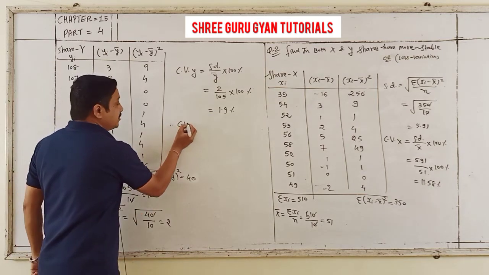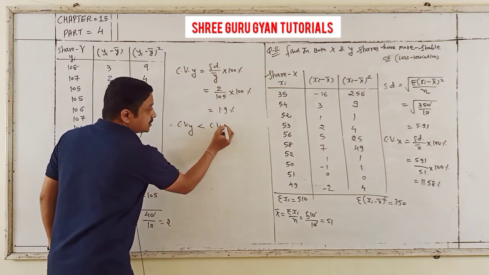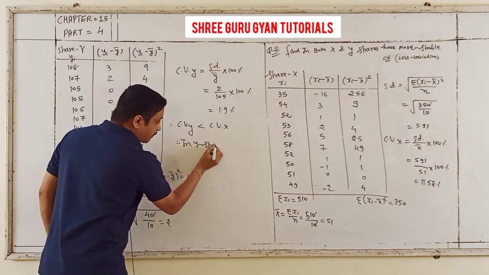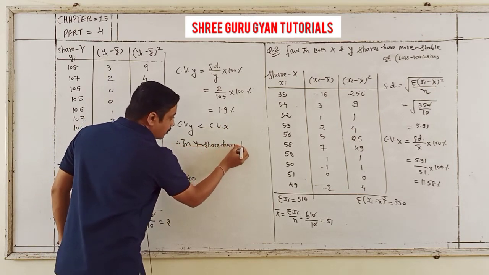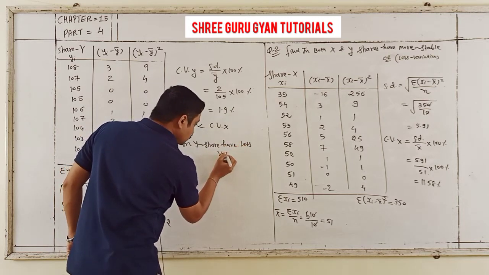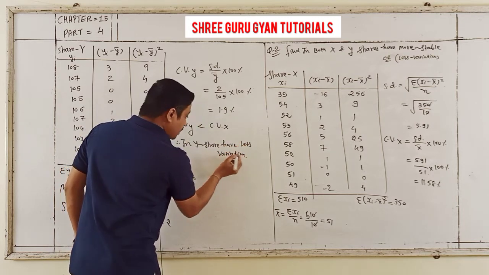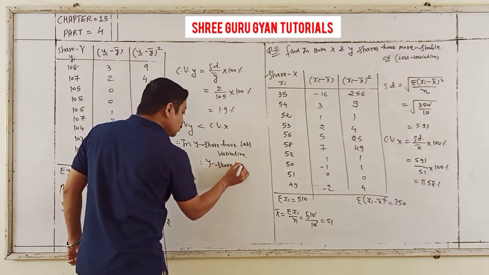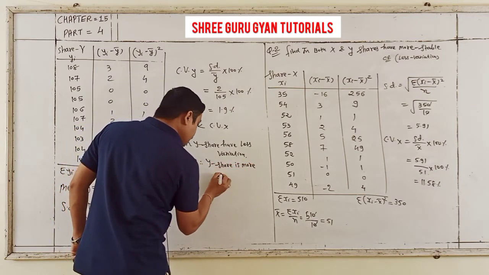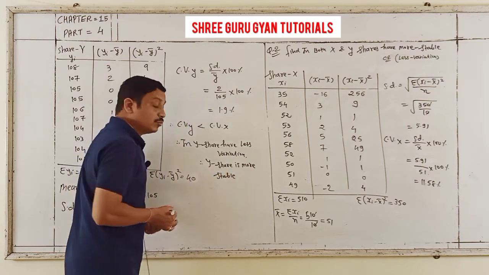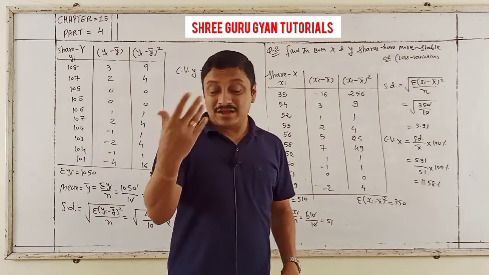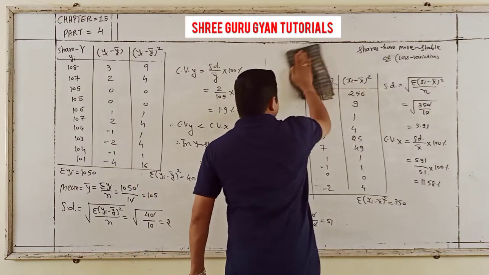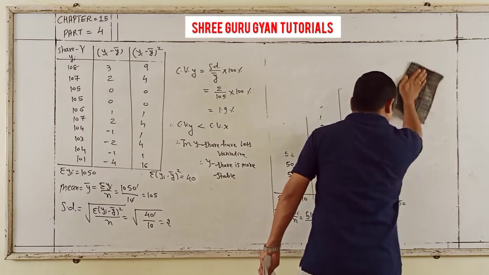Therefore CV of y share is less than CV of x share. Therefore the y share has less variation, so the y share is more stable. More stable means the variability has a lower value. Variation is less.